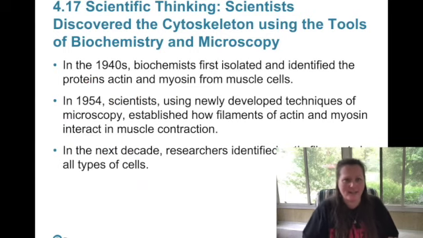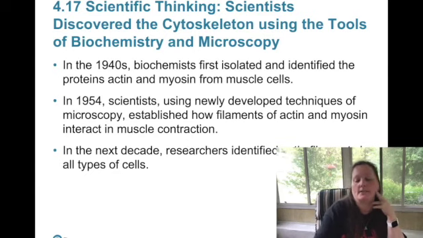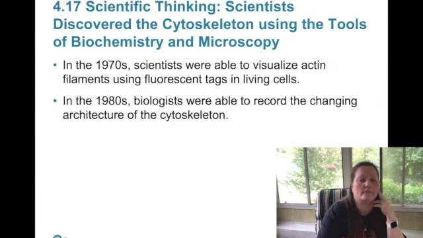All right, so in the 1940s, biochemists first isolated and identified the proteins actin and myosin from muscle cells. Then in 1954, scientists used the newly developed techniques of microscopy, because they had better microscopes, to establish how the filaments of actin and myosin would interact in muscle contraction. In the 60s, researchers identified actin filaments in all types of cells.